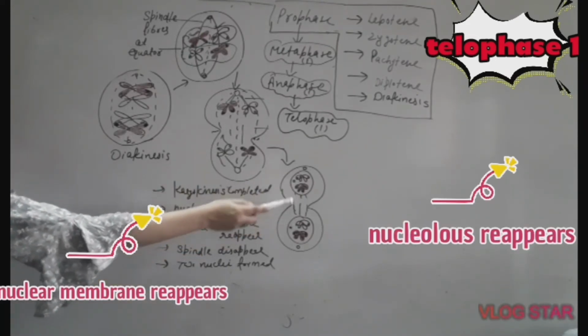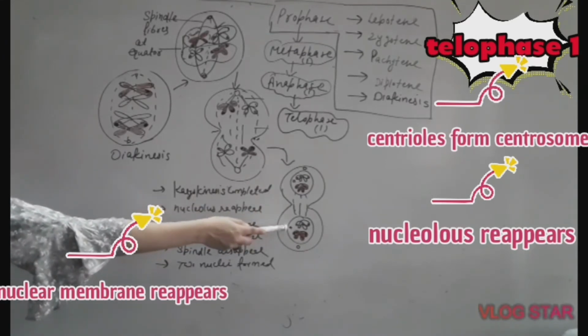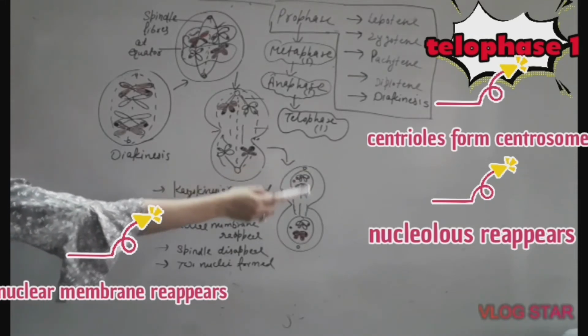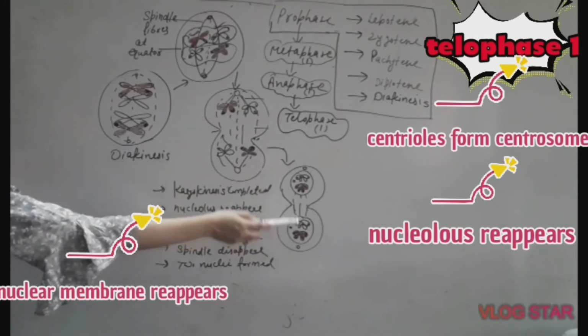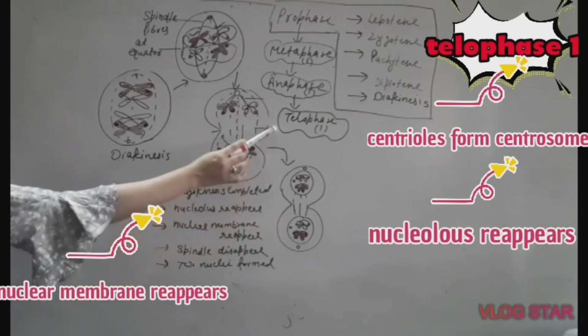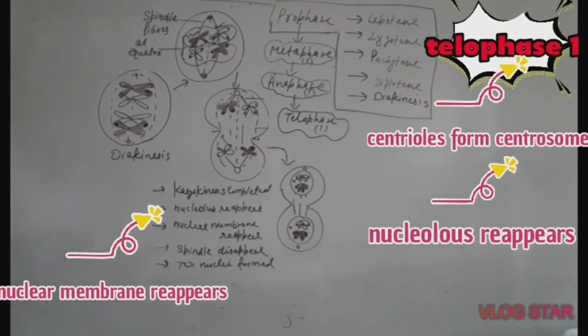The nuclear membrane reappears, the nucleolus also reappears, and the centrioles disappear and form two centrosomes. Spindle fibers disappear, so nuclear division karyokinesis gets completed in telophase, followed by cytokinesis, which results in the formation of two daughter cells.